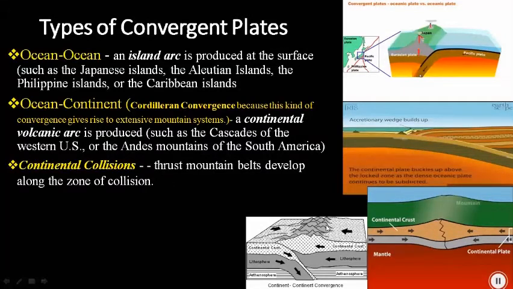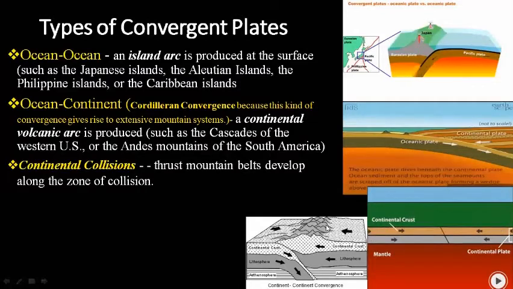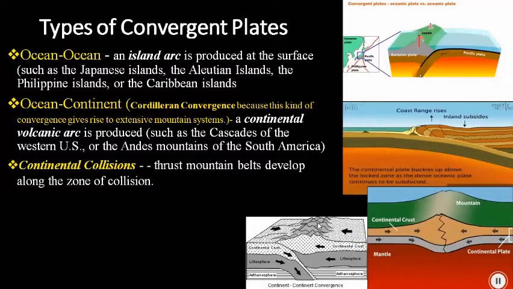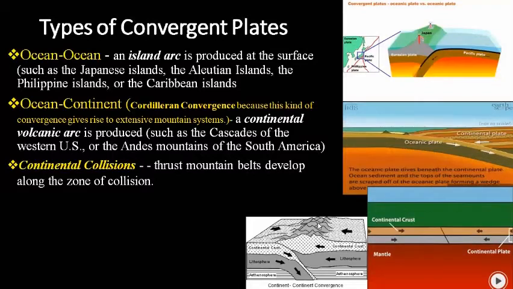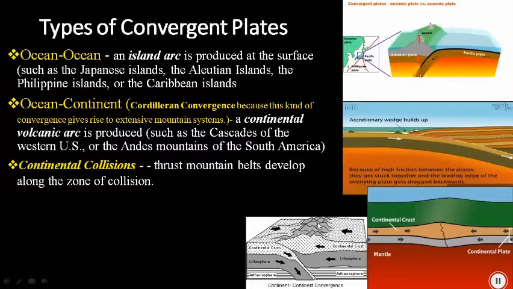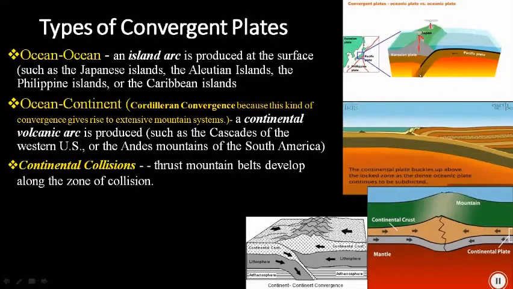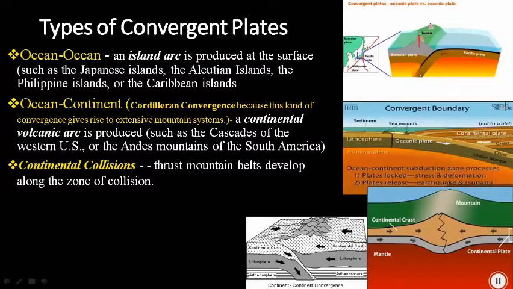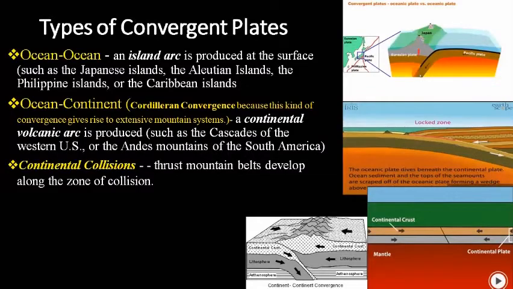They are buckling up, folding, and faulting. This is how we find the various fold mountains in continental collisions. Himalayas are the classic example of continental collision.